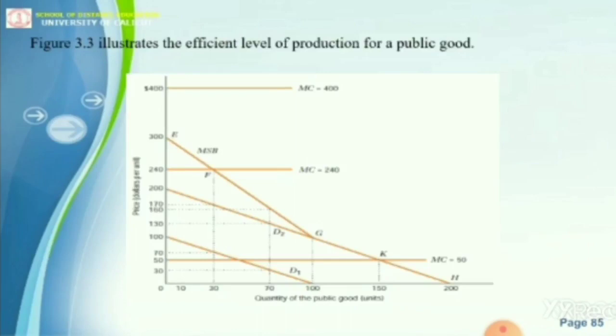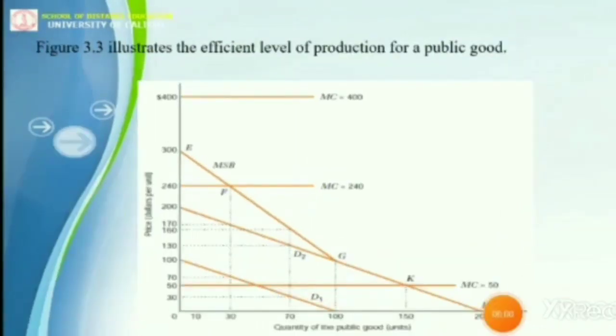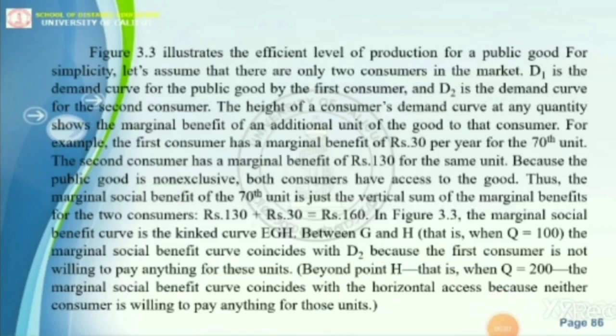Just look at the picture. It illustrates the efficient level of production for the public good. For simplicity, let's assume that there are only two consumers in the market. D1 is the demand curve for the public good by the first consumer, and D2 is the demand curve for the second consumer. The height of the consumer's demand curve at any quantity shows the marginal benefit of an additional unit of the good to that consumer.